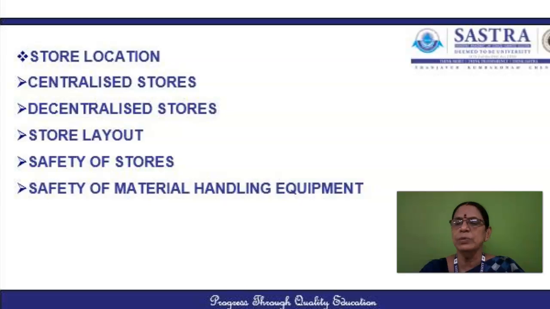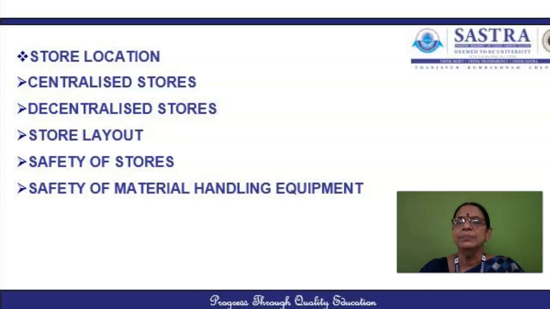Now we can see the principles of locating the materials within the store. First one is the characteristics of the material. The fast moving items, the heavy items, the consumable items, inflammable and dangerous items, then the rubber items or costly items can be easily classified and should be located as is convenient for the storekeeper to take them as and when necessary.